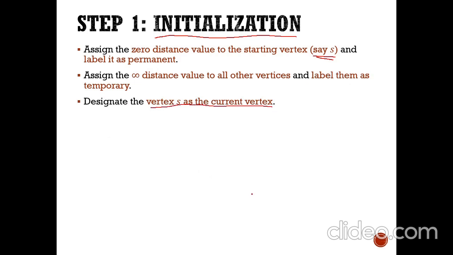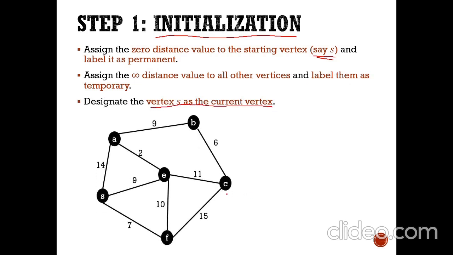So let's go back to our graph. So this is our graph. This is the starting. According to the first line, assign 0 distance value to the starting vertex and label it as permanent. So you have 0 and then permanent. I will just use P for permanent. For the second line, we will assign infinity to all other vertices and label them as temporary.